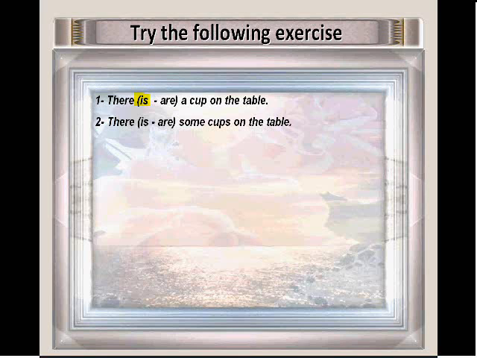Here, the word which came after the verb is some cups. Is it singular? No, it is plural. So that's why I have to choose which verb? Yes, there are some cups on the table.